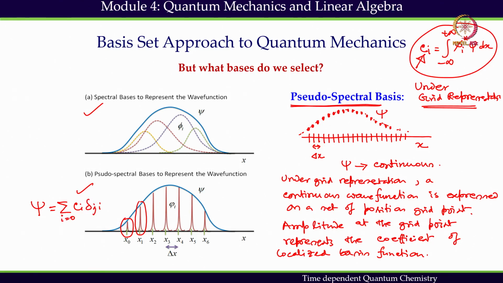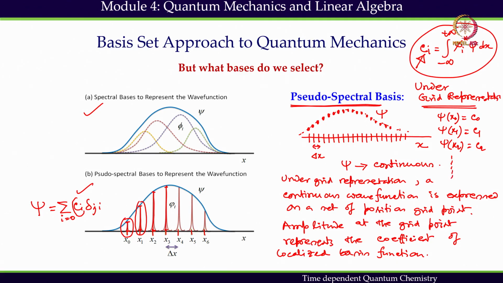So at each grid point I have delta functions assigned, and the coefficient C I is the amplitude, the length of this amplitude. In the end I will get at the x 0 point the coefficient C naught, at the x 1 point the coefficient C 1, at the x 2 point C 2, and so on.